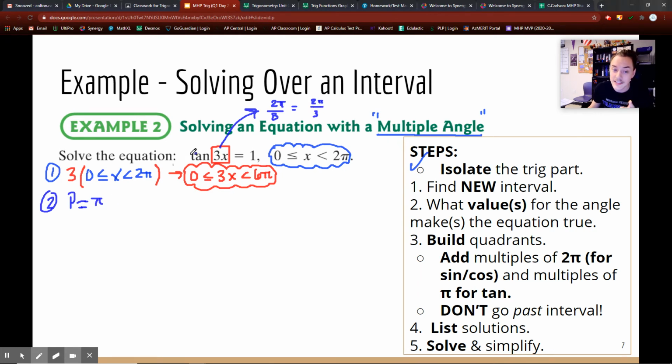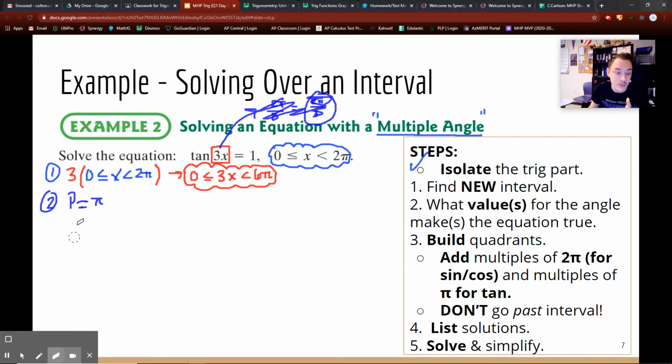Well, listen, kids. The reason why I have step 1 to be the new interval is because of that reason. Does that make sense? So I changed my interval, so now my period is no longer like this. This would be my period if I was doing 0 to 2 pi. But I'm not.